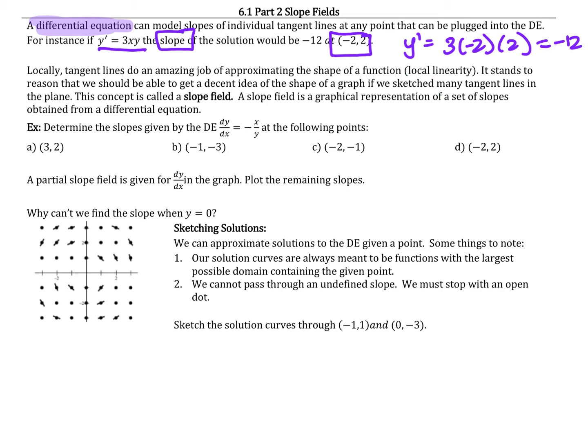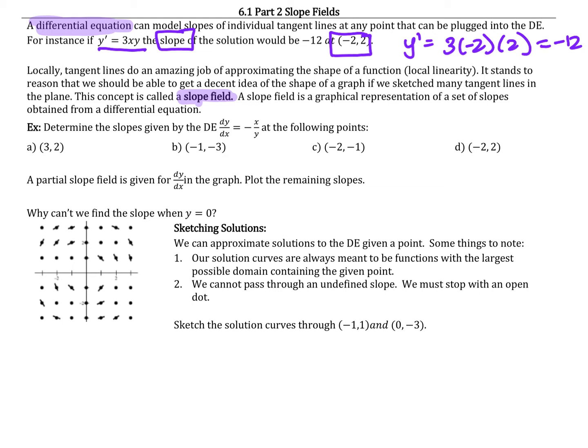So it stands to reason that we should be able to get an idea of the shape of a graph if we just sketch a bunch of little tangent lines in a coordinate plane, and that is called a slope field. So sketching a bunch of different slopes at particular ordered pairs is what a slope field is. It's a graphical representation of the slopes obtained from different xy coordinates in a differential equation. Now, all that sounds a whole lot more complicated than what it actually is.